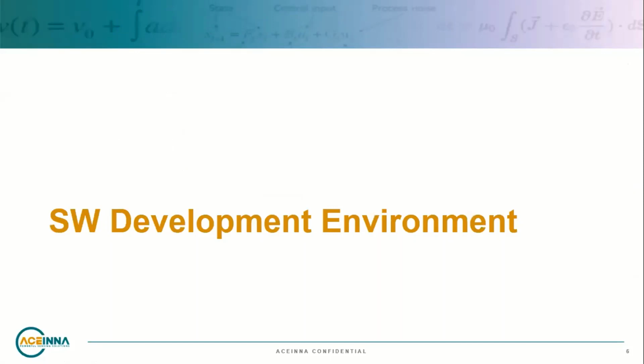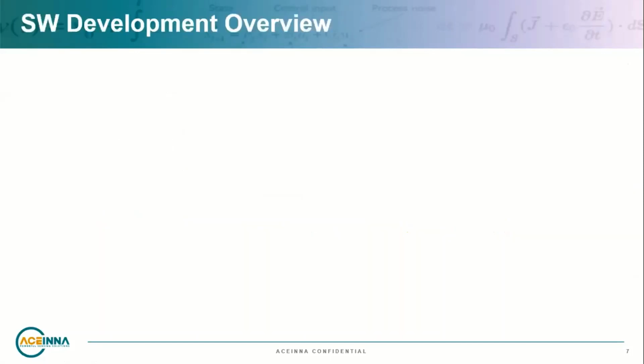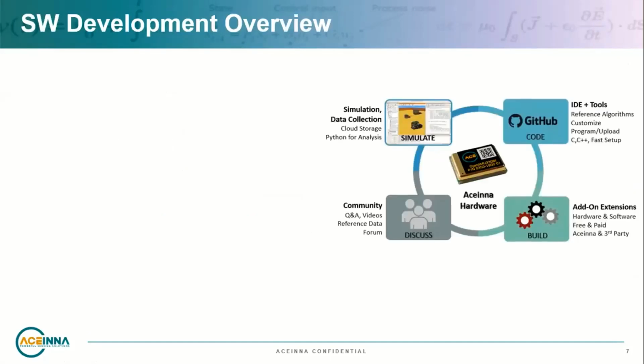So, software development environment. Let's look at the overview of all the software development environment that ACEINNA has to provide. With ACEINNA hardware, we provide different tools, IDEs and extensions, which you can use in order to program or change the algorithms according to your needs and requirements and upload them to the unit as well.